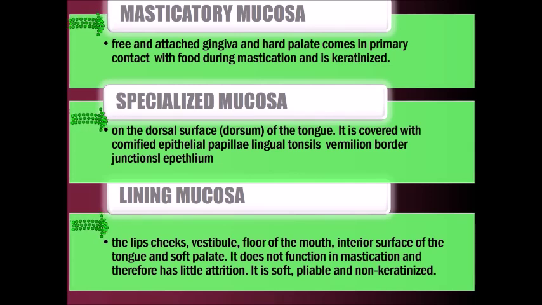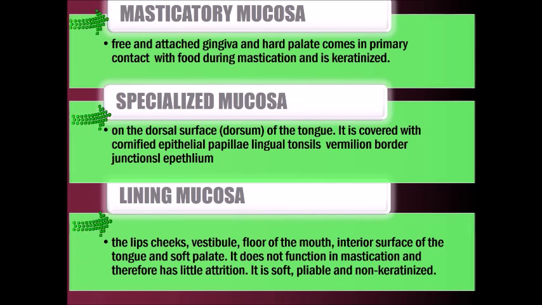Masticatory mucosa we can see in two places: the hard palate and the gingiva. Free and attached gingiva plus the hard palate are of masticatory type mucosa, which has a keratinized epithelium. The lining mucosa is non-keratinized epithelium. In between I have the specialized mucosa.